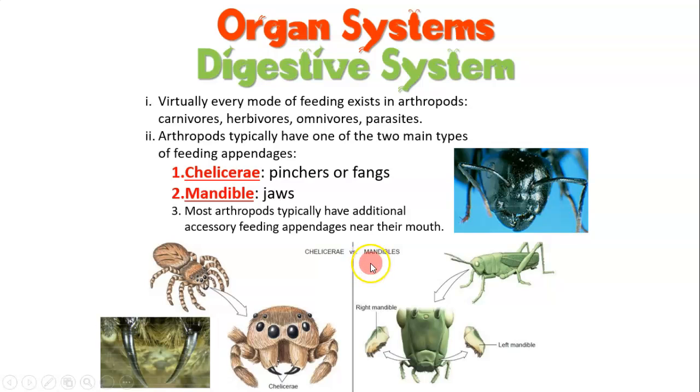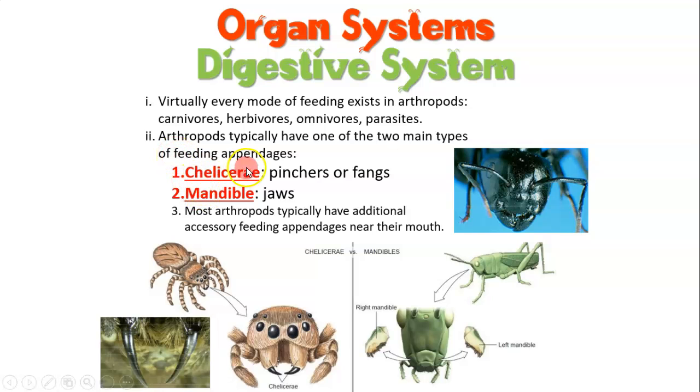Now, as far as organ systems, if we look at their digestive system across the board with arthropods, we'll see that virtually every mode of feeding exists in arthropods. So there are carnivores, like a spider, there are herbivores, there are omnivores, and there are parasites. Now, arthropods typically have one or two main types of feeding appendages, so mouth parts.